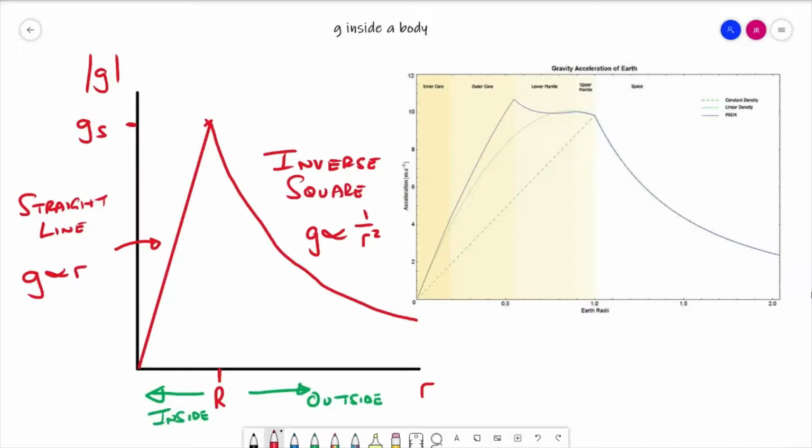You can see that you've got the sort of longer green dashed line, which is here on the graph, which shows us the constant density that we assumed. Obviously you've got the blue line outside, which shows you that inverse square bit. So here is the inverse square.